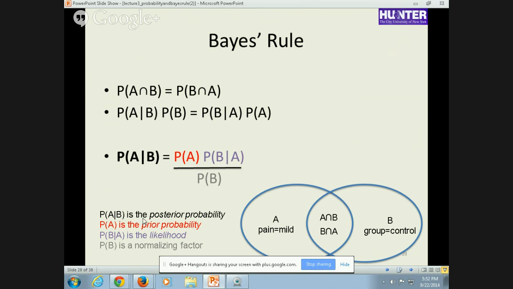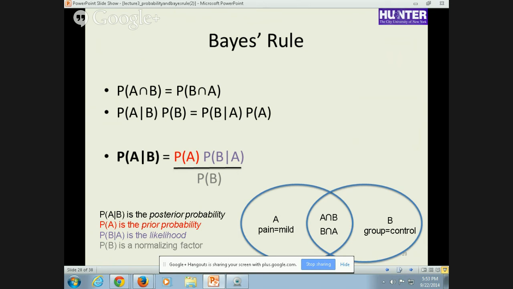This P of A given B gets called the posterior probability because it is a product of the prevalence, which would be your prior probability. With no information, the best guess you can make is that you have the same probability as anyone else of having the disease. That's why P of A is called the prior probability. P of B given A is the likelihood.